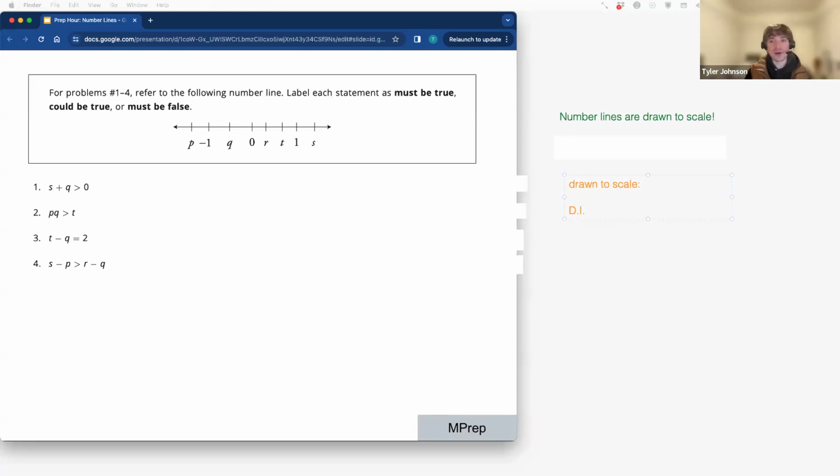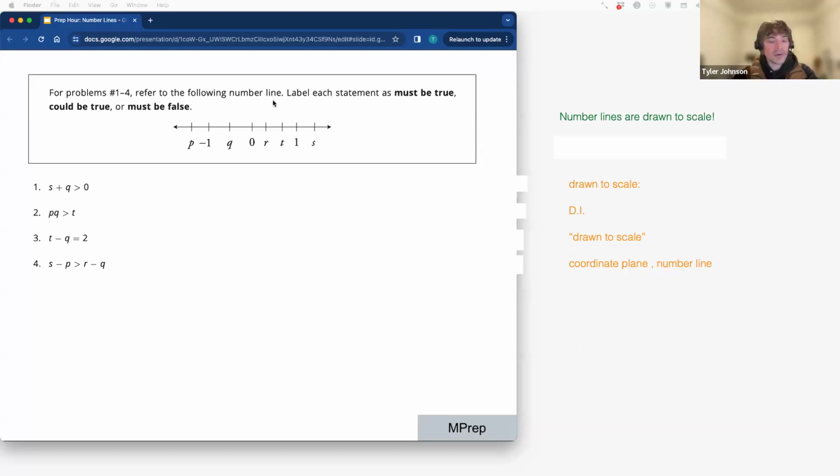If you've got a chart or a graph, be it a pie chart, line graph, bar graph, anything like that, that is always drawn to scale. If they ever show you a diagram and explicitly write drawn to scale along with that diagram, it's safe to trust that they aren't lying to you. And then I kind of group these together. If you see coordinate plane questions where the X and Y axes are drawn in, or if you see a number line, those are going to be to scale as well.